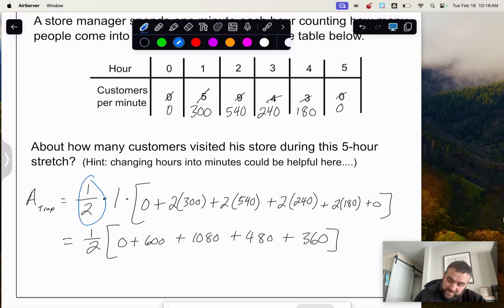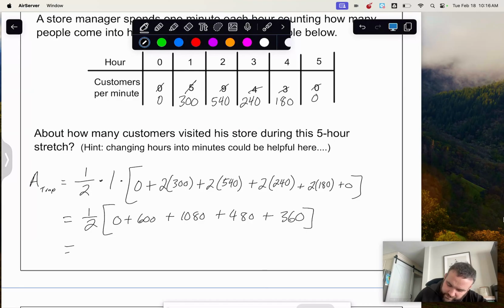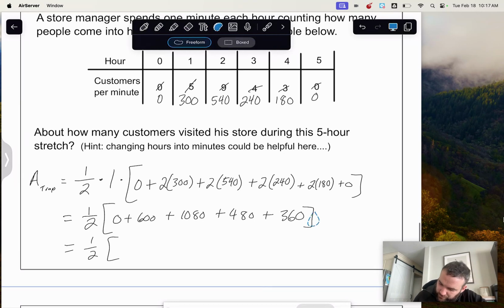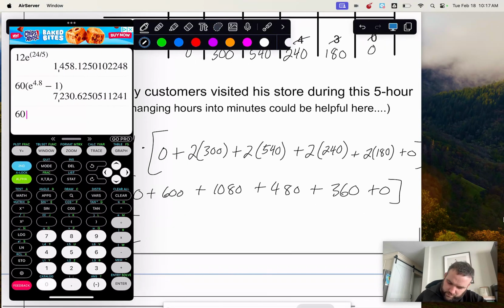What I also could have done is notice that that's a 1/2 and basically cut all of these 2's because essentially distributed that 1/2. But either way, I could say this is 1/2 times the quantity. Oh lordy. I didn't put the plus 0 in here, but I guess I should. Plus 0. If you add all those up, let's just double check. 600 plus 1080 plus 480 plus 360.